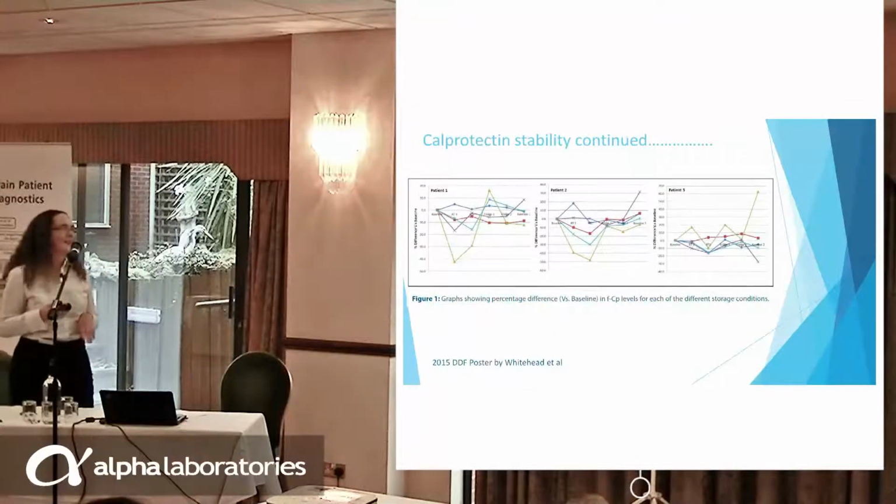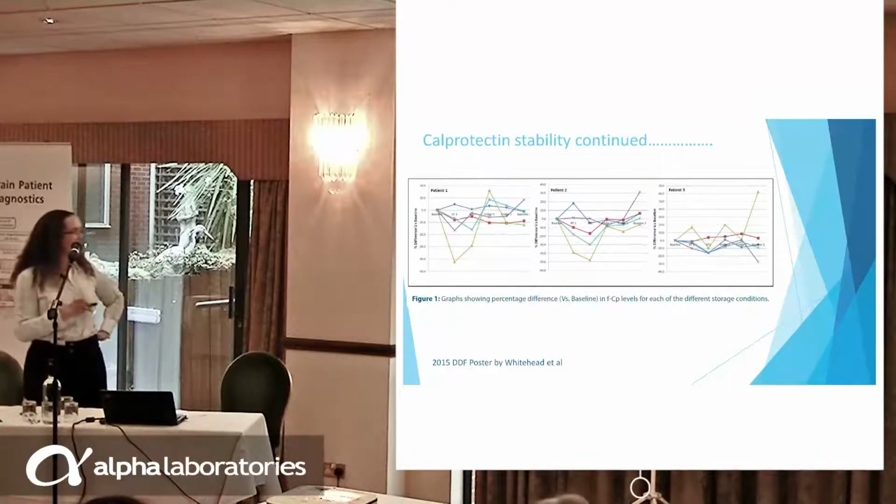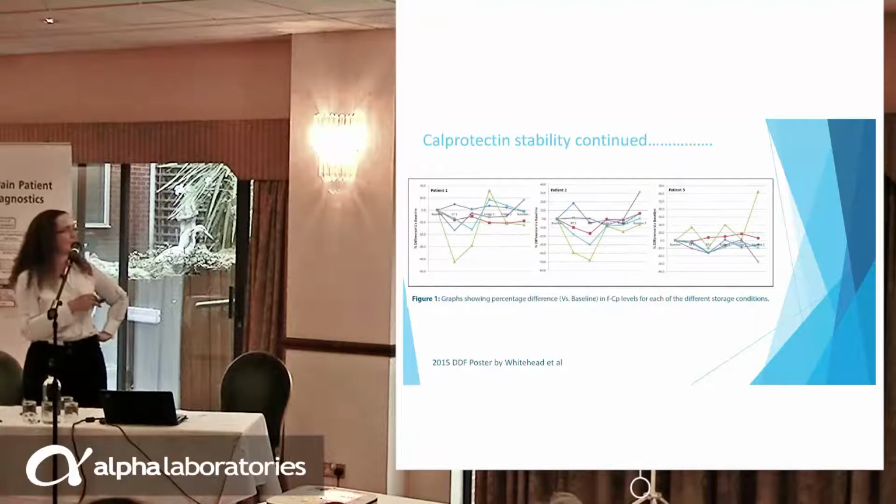However, it might not be the complete picture. This is a graph that was taken from a poster that was done at DDF in 2015 by Simon Whitehead. And it was part of a set of samples that were sent out and done through the EQA scheme. And what they did was they took 3 samples.